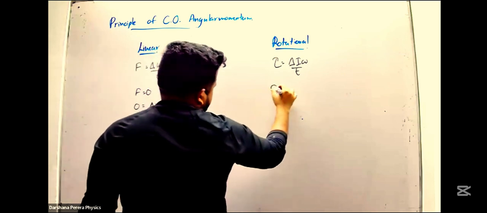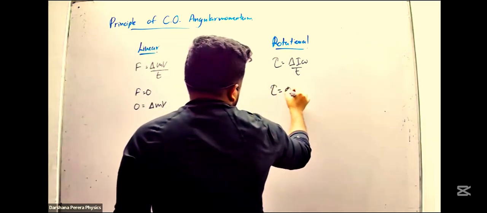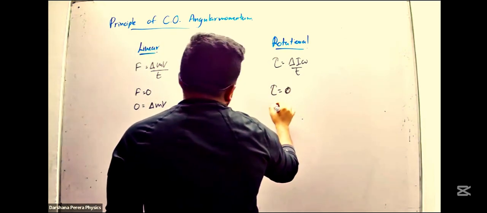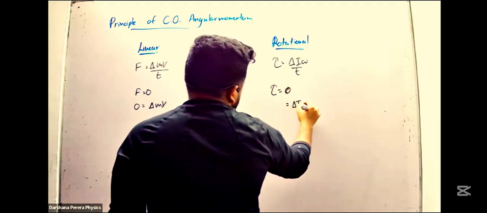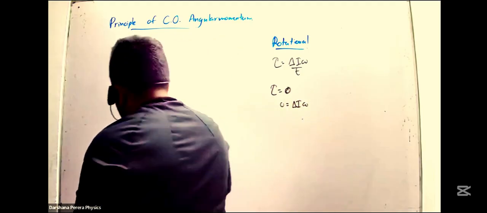If there is no torque, tau equals 0, so delta I omega equals 0.